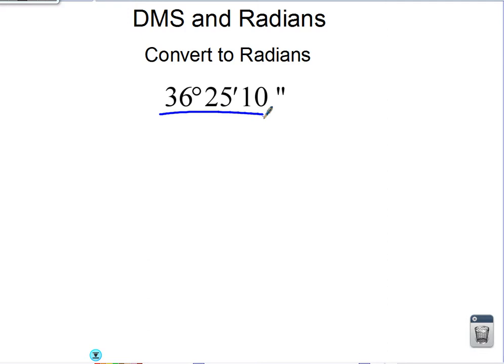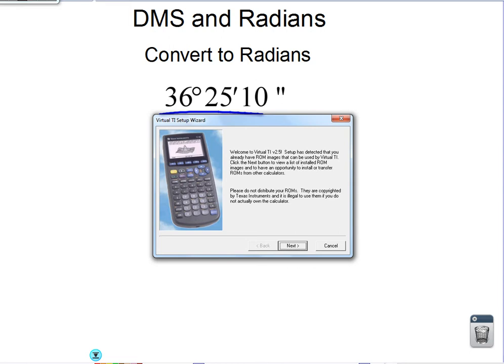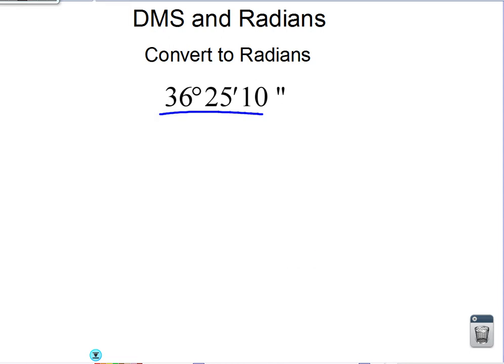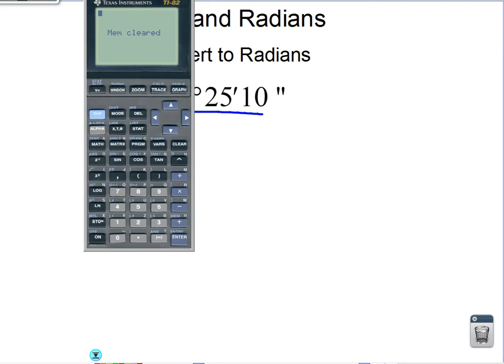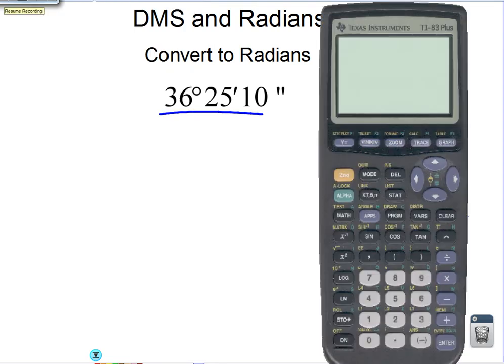We first convert to degrees, and let's pull up our calculator. We can do this entirely on our calculator. So here's your reminder of how to type this in. This is 36 whole degrees plus 25 minutes. That's 25/60ths of another degree.